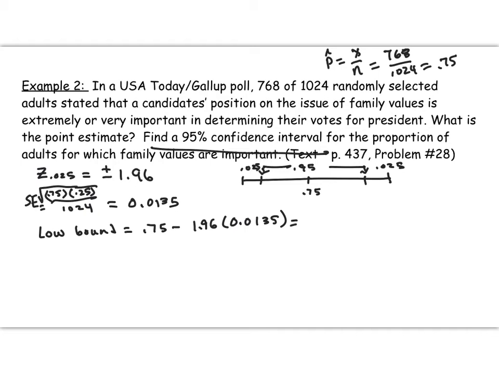And when I calculate that lower boundary, I get 0.7235. So I think that the lower boundary would be 72.35% who think that family values are very important.